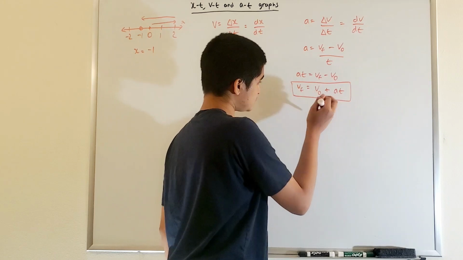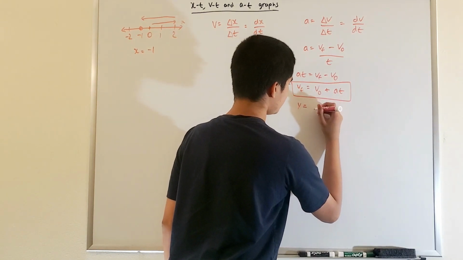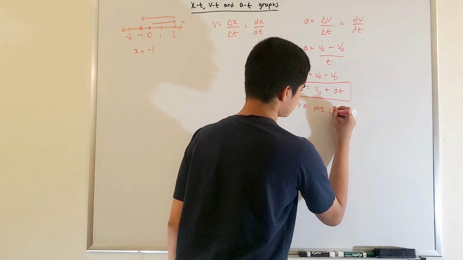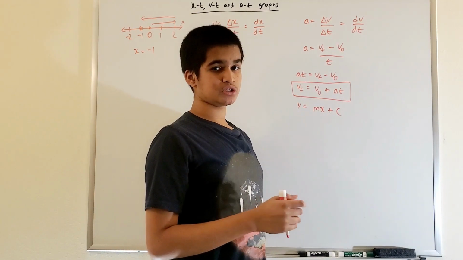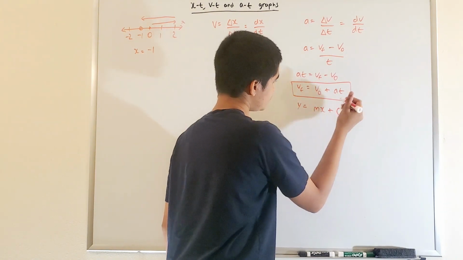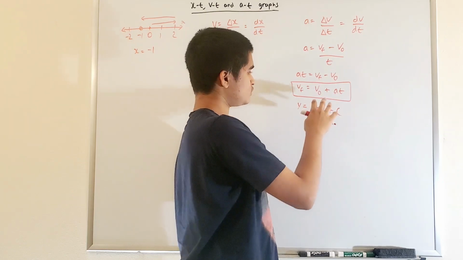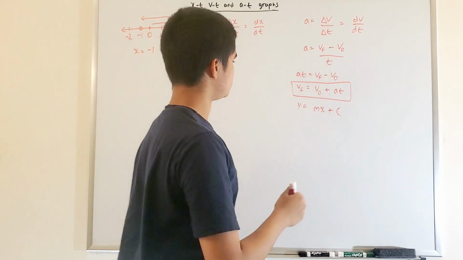And also notice that this can be written in the form of y is equal to mx plus c, which is the equation of a line. Here you can see that the m, which is the slope, is represented by the acceleration, and the c, which is the y-intercept, is represented by the initial velocity.